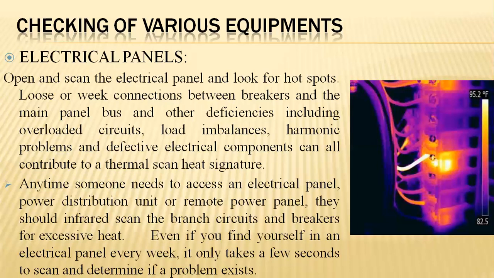The best example is domestic utilization in our homes: when a heavy load is used, our MCB will trip off with disconnection of the fuses, which safeguards the entire domestic wiring. Likewise, any such imbalances or harmonic problems can be scanned by this IR thermography.